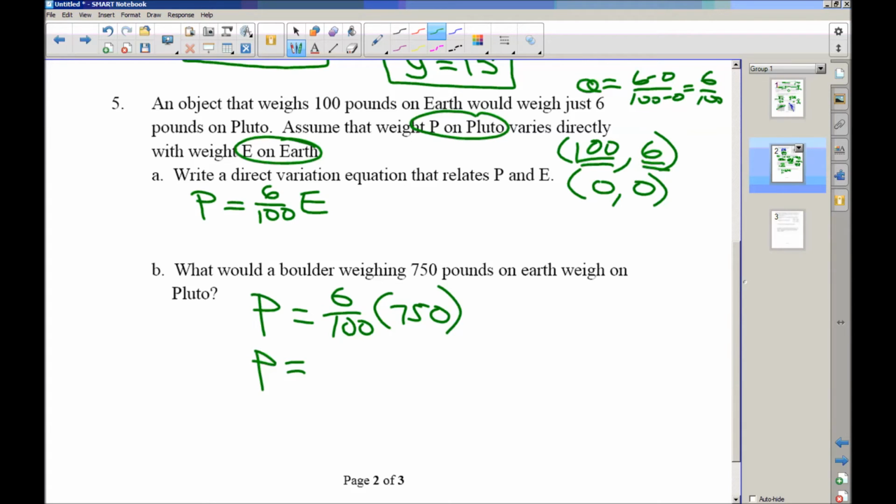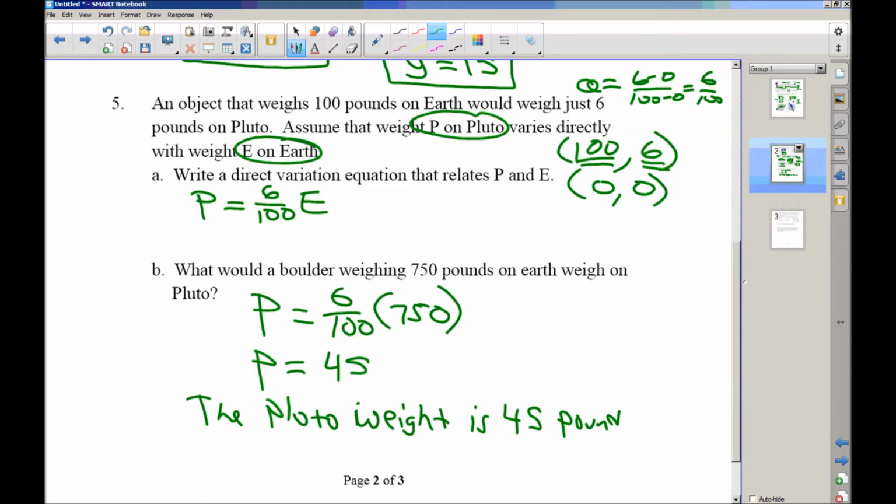So on Pluto, this boulder would only weigh 45 pounds. So the Pluto weight is 45 pounds. Remember, a sentence question gets a sentence answer.